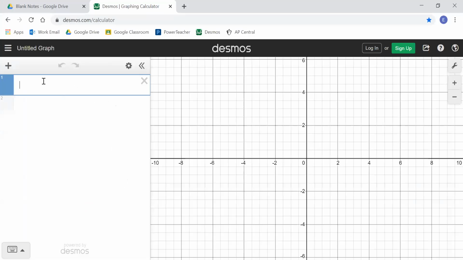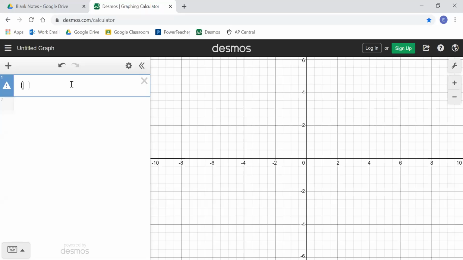You guys see Desmos now? Yeah, okay, cool. So the way that you want to put these into Desmos to do parametric functions, because you may need to graph parametric functions in Desmos just to get an idea of what they look like, just to save you some time. You can also do it on your graphing calculator, but Desmos is a lot nicer.